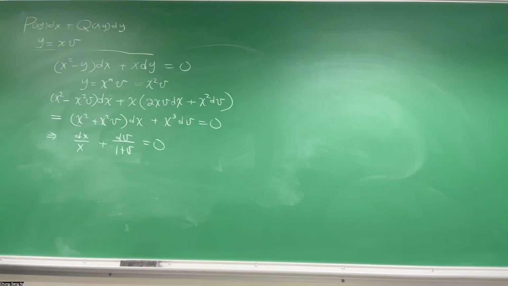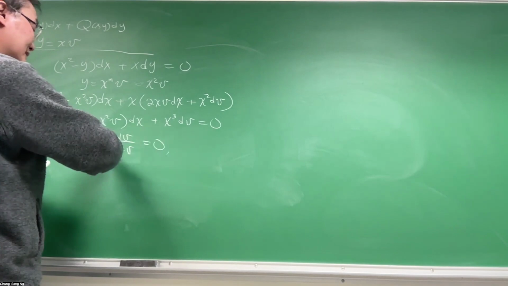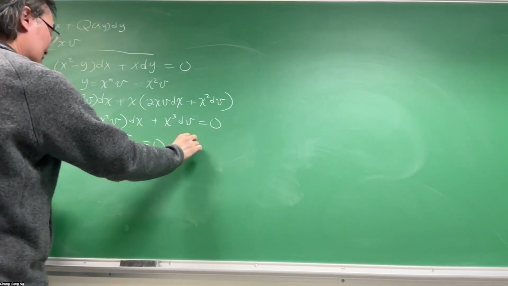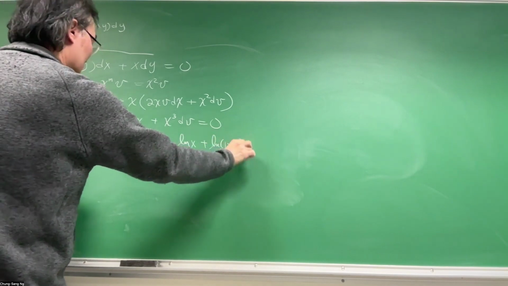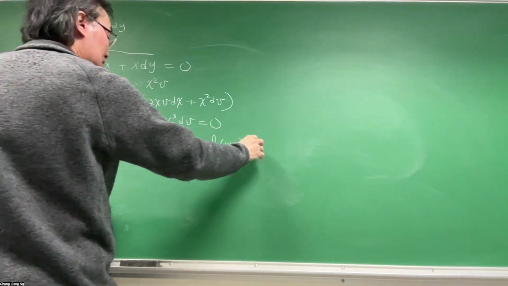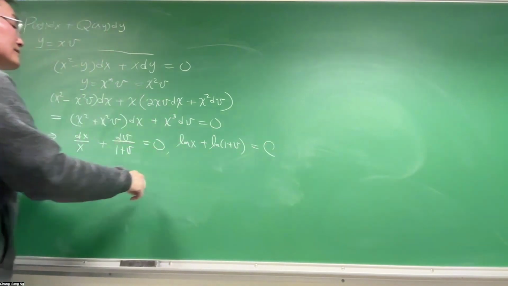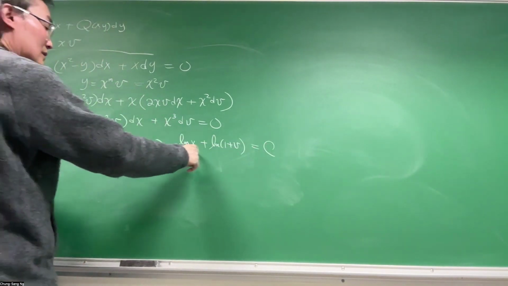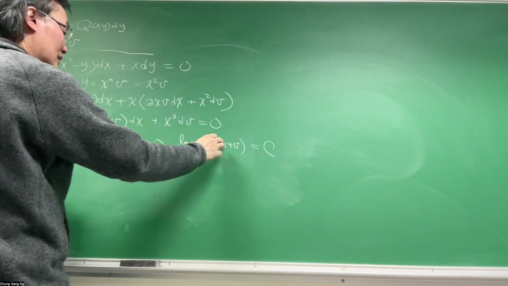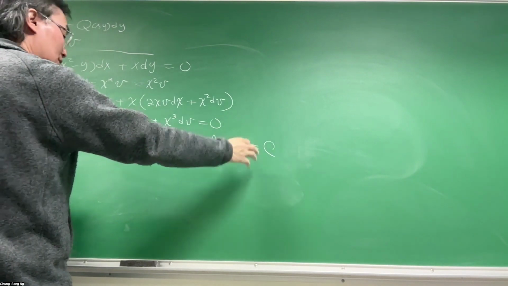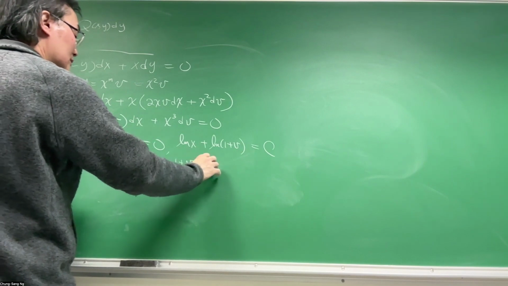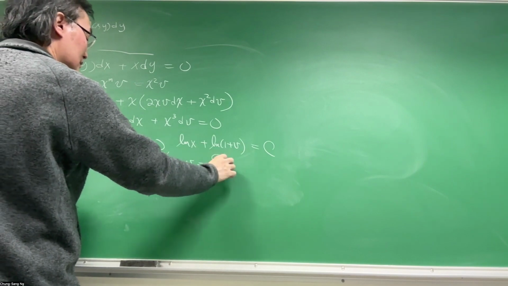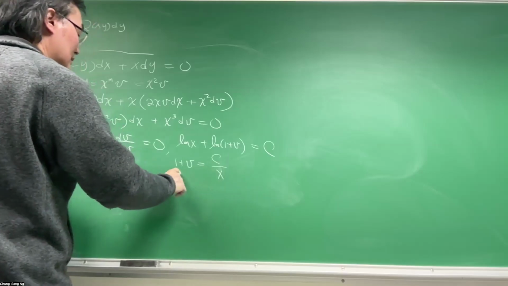But this one is very similar to what we did before, right? So log x plus log of 1 plus v equals a constant. And so 1 plus v times x also equals a constant. So 1 plus v equals some constant divided by x, right?